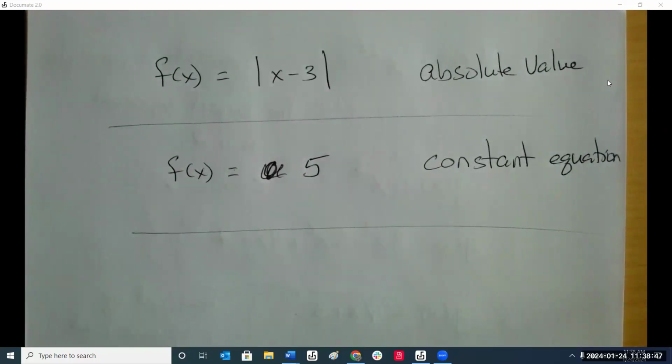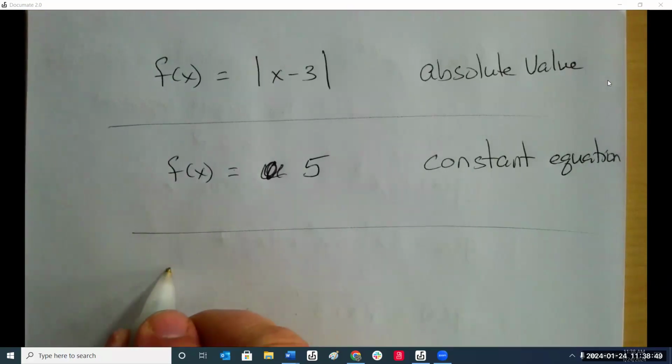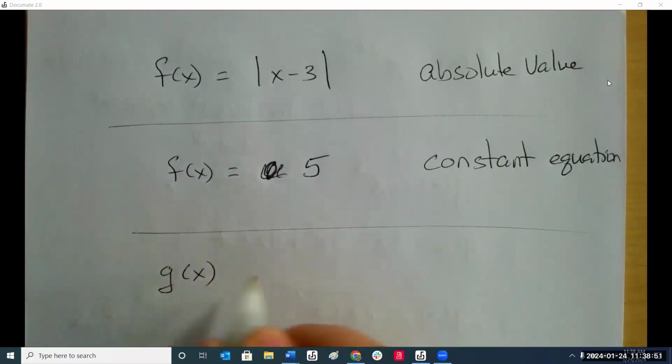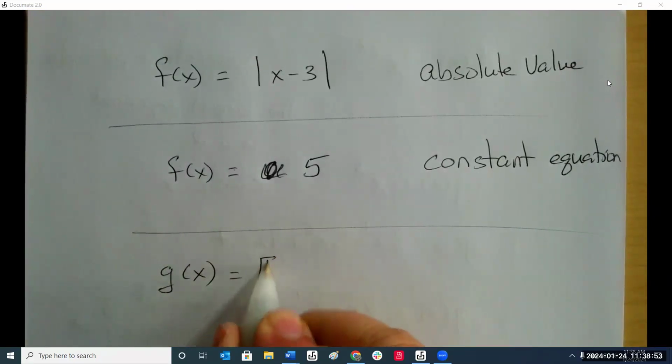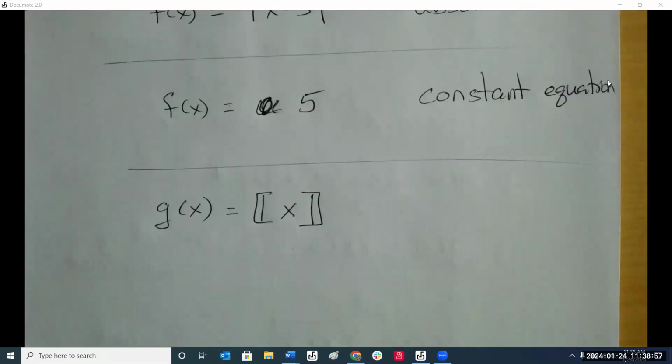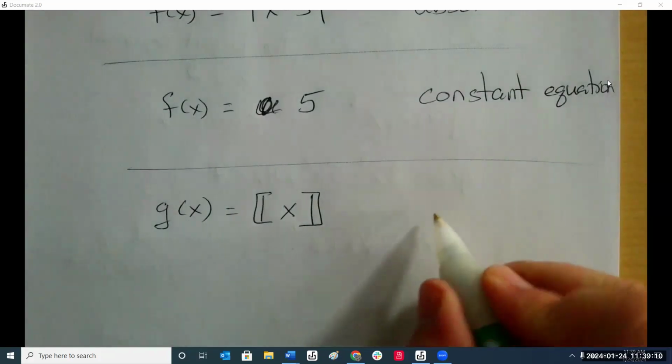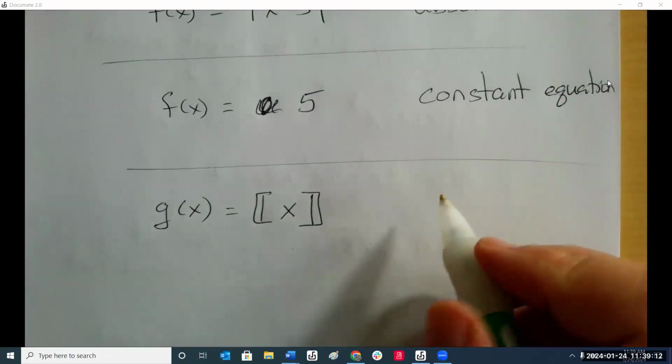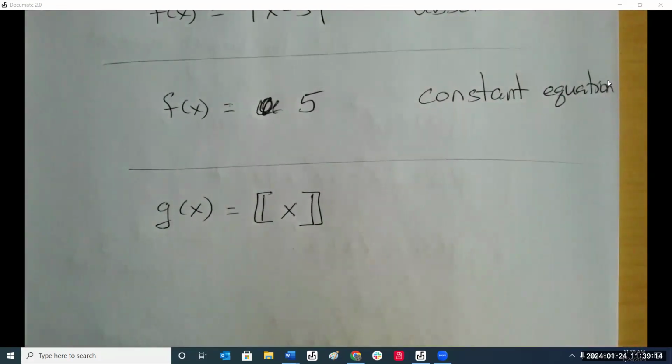Some of y'all may never have seen this one before. It looks like it, but it's not.